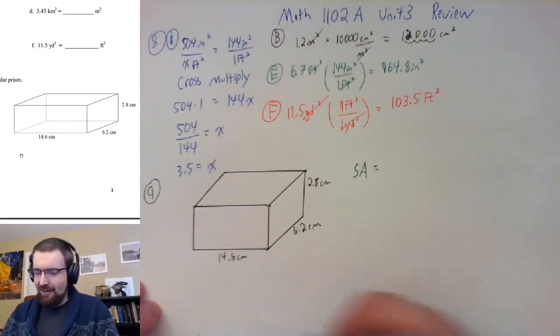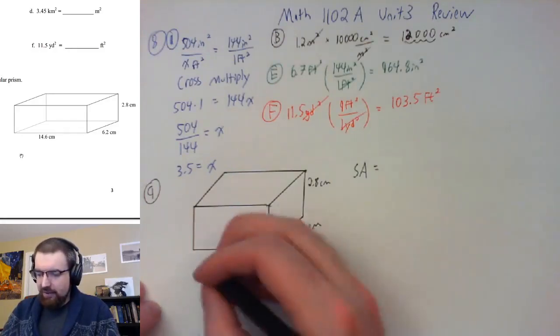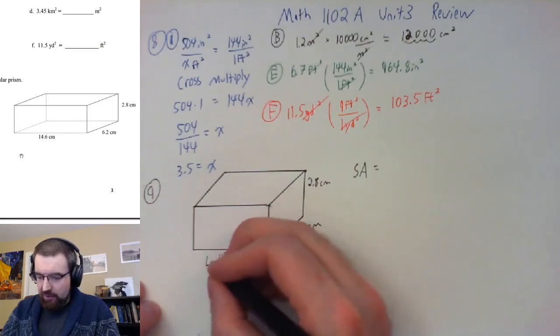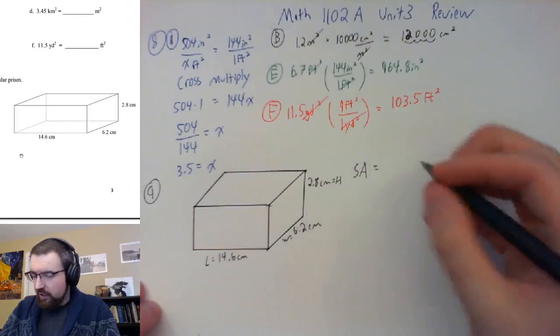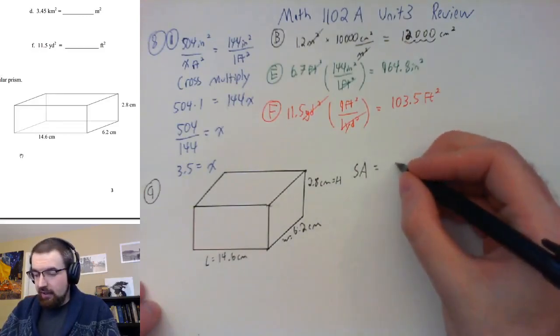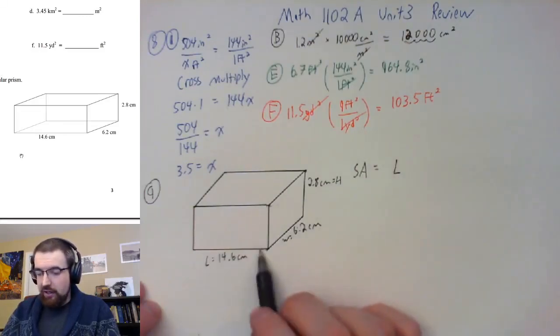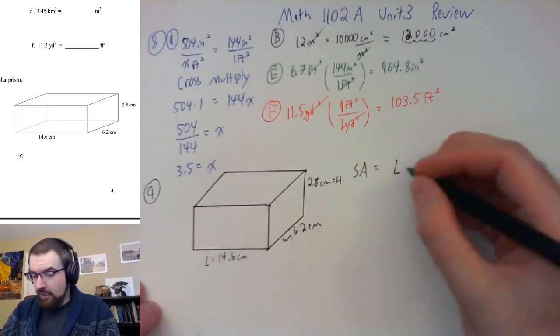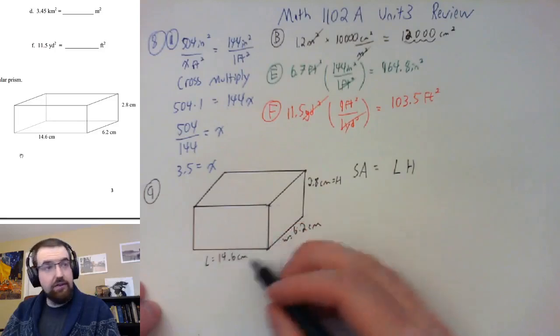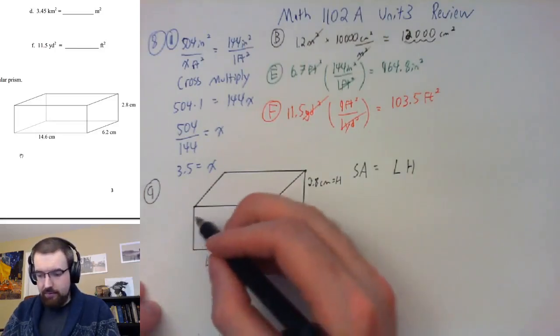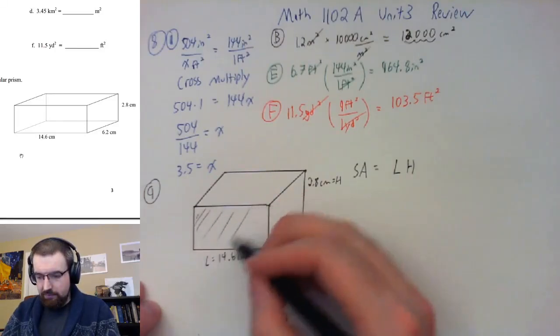So if we'll call this the L, this the W, and this the H over here, the surface area is, well, this first side on the front, this is going to be length times height. That's this face here, the one in black.